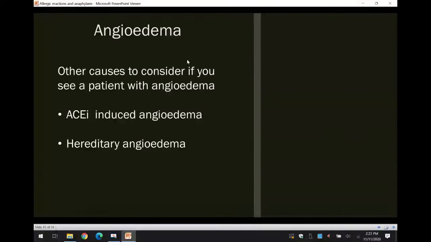And then hereditary angioedema, these are people that lack a certain enzyme, C1 esterase. Usually there's some other family member that has a history of it in your younger patients, or oftentimes your older patients already have a known diagnosis of this, and they'll generally be able to tell you that this is what's going on. But trauma is often an inciter for these people.